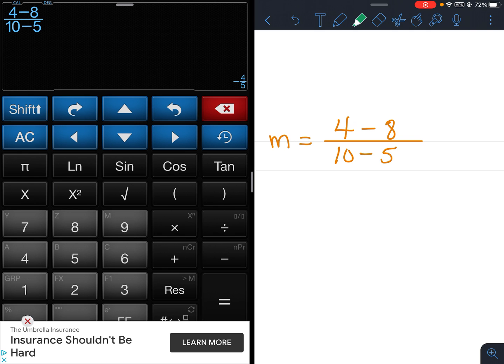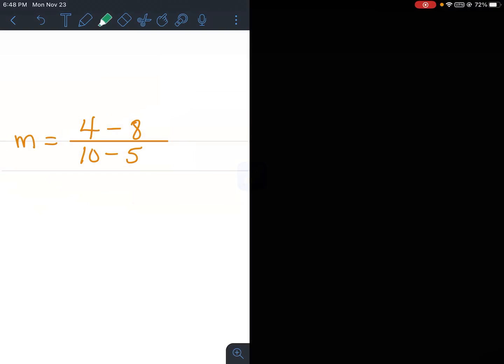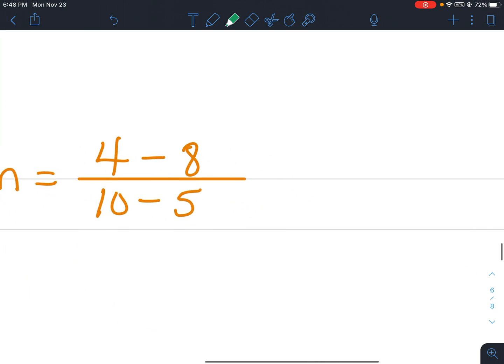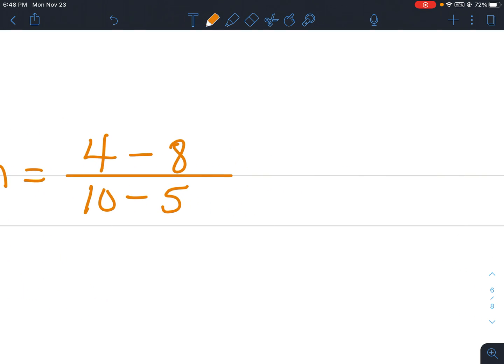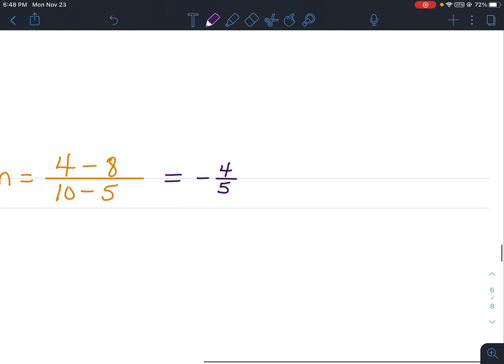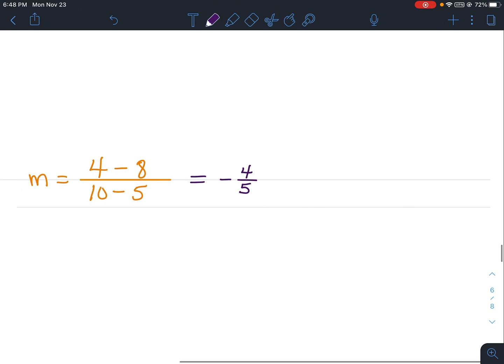So my slope is -4/5. I simplify it all at once, and I get -4/5. So for example 2, my slope equals -4/5.